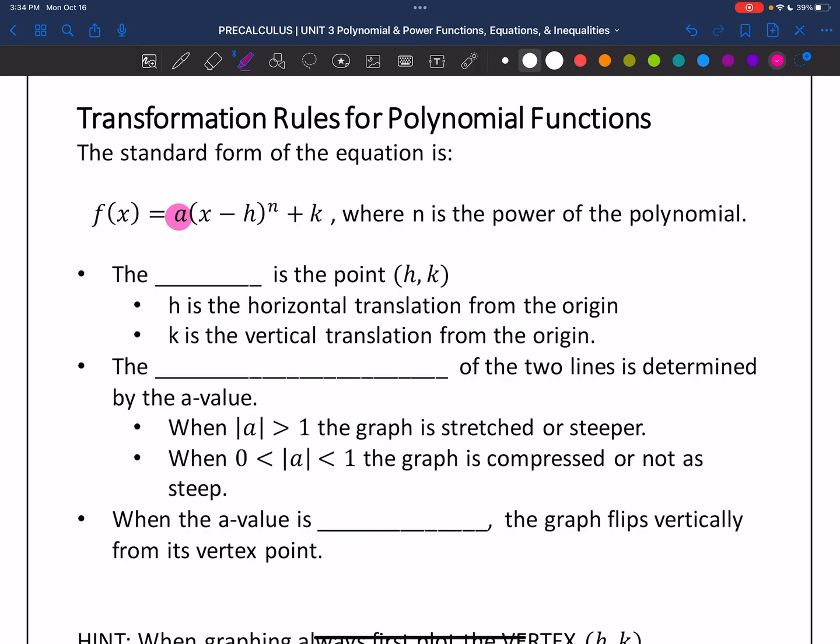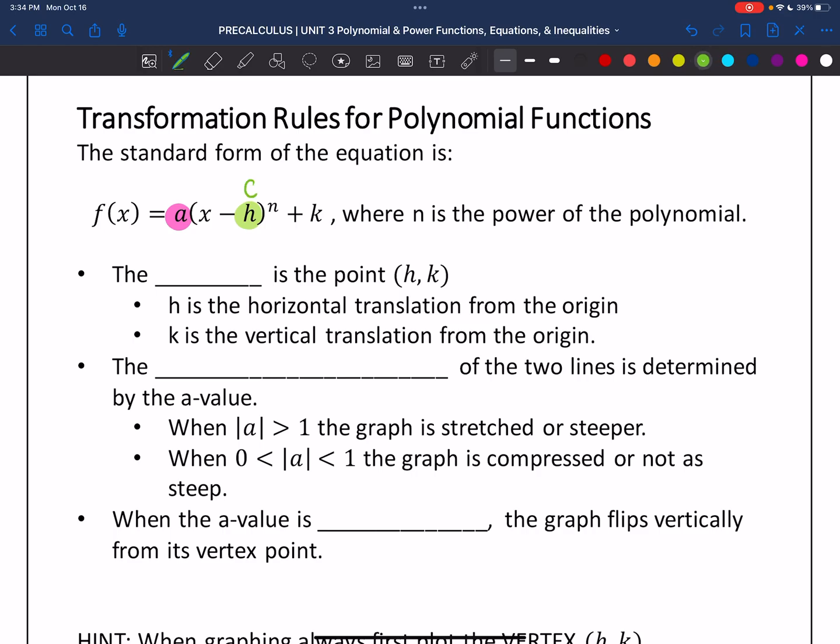And then x minus our h value, that is also sometimes denoted differently in different contexts or textbooks or professors. They might use either an h or a c value. I said the wrong letter.